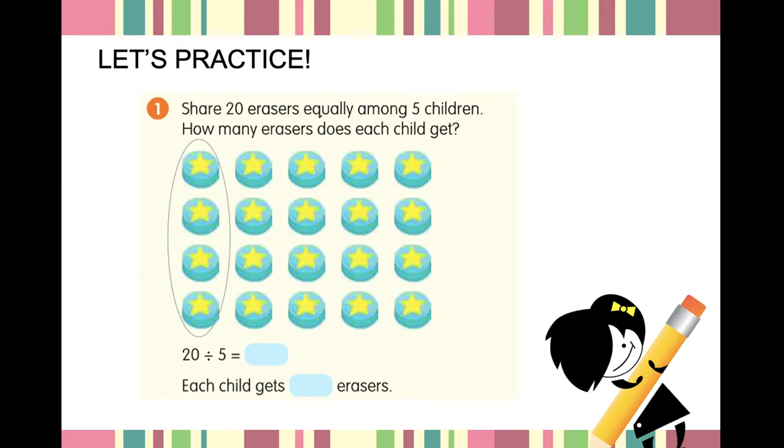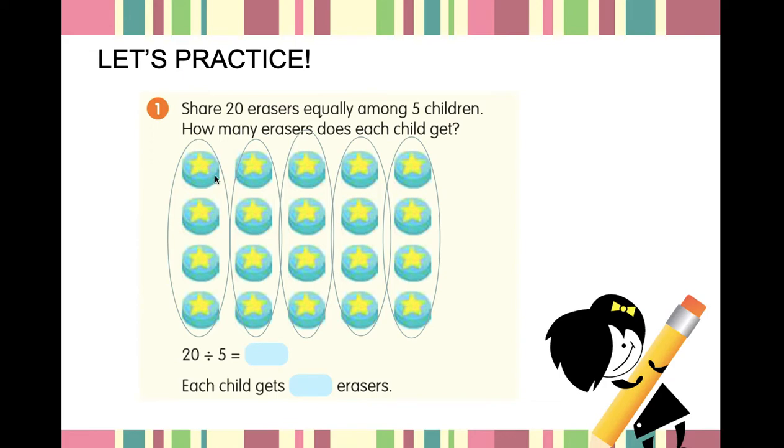First, I'm going to divide this among 5 children. So this is my first child, second child, third child, fourth child, and fifth child. So I'm going to divide my 20 erasers among 5 children. Can you guess how many each child gets? 1, 2, 3, 4.